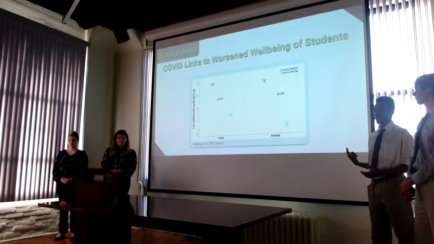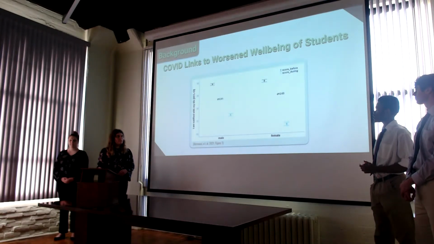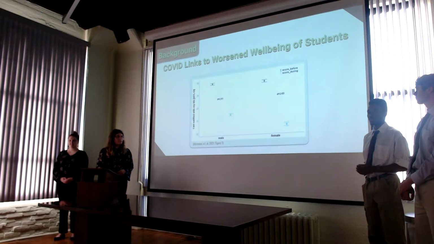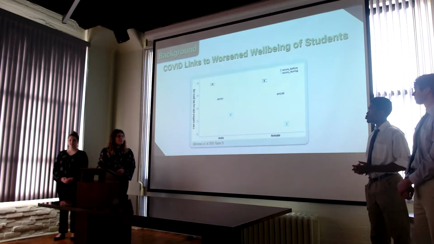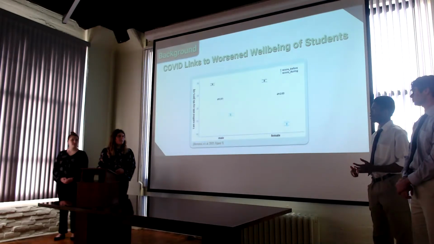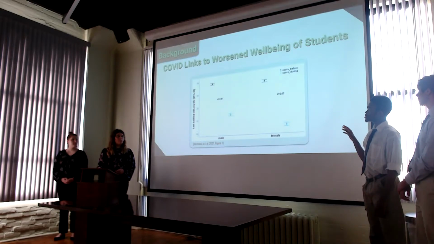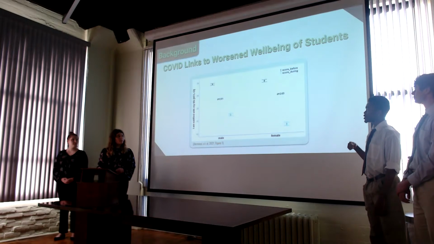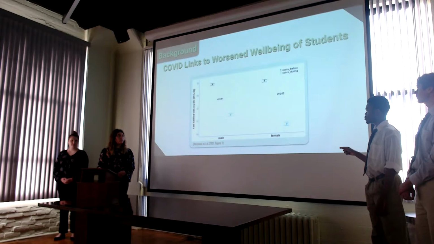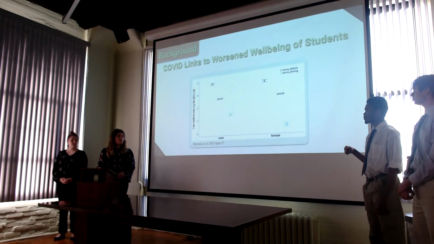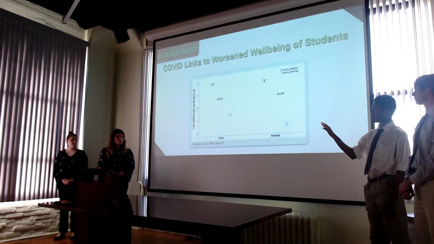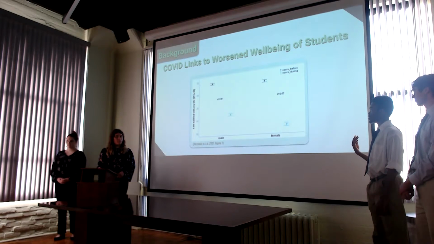There's actually one study that asked individuals to rate their life satisfaction on a scale of 10 to 30 before COVID and during COVID. As you can see here on this graph, the black markers represent pre-COVID average ratings. The blue ones represent during COVID average ratings. The markers on the left represent male ratings, the markers on the right represent female ratings.